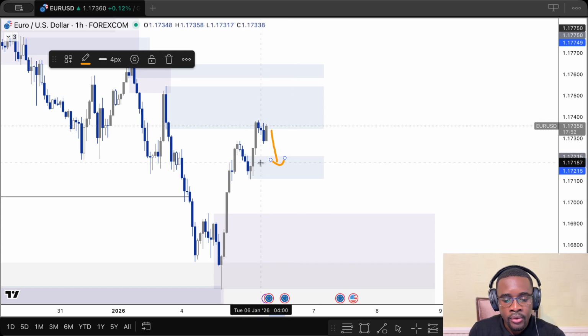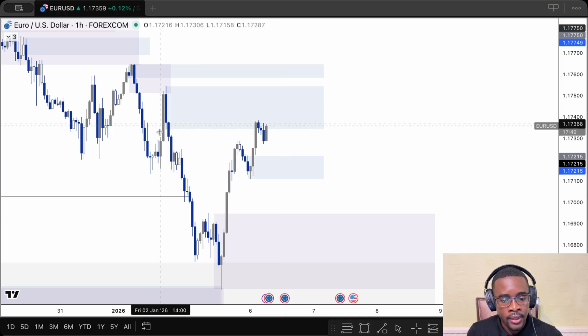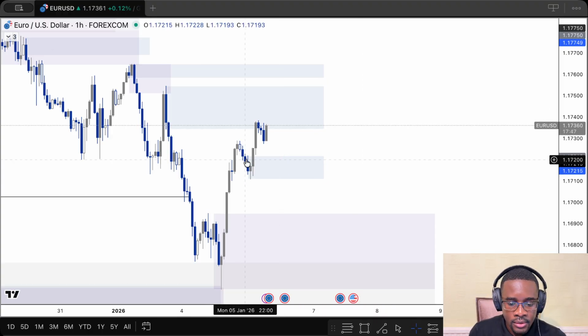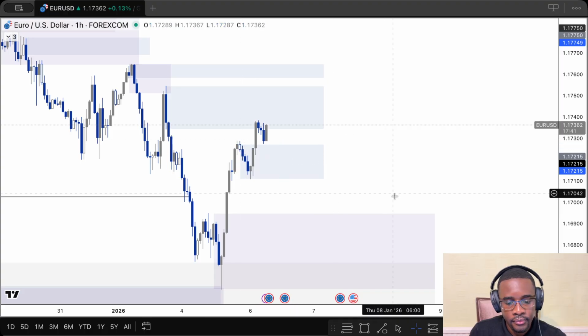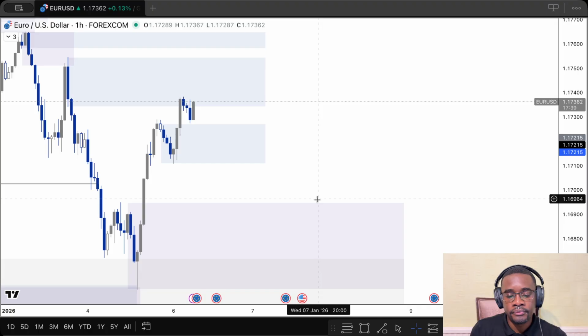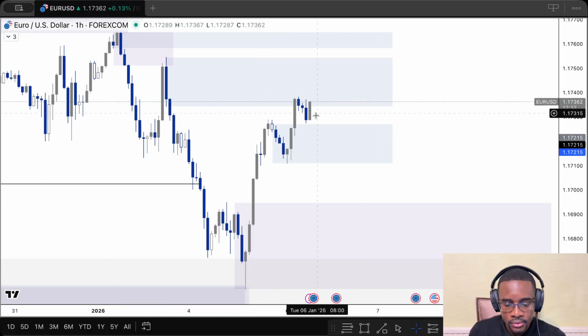However, if you look at it another way, price has come close to mitigating our supply, or rather our sell to buy range.